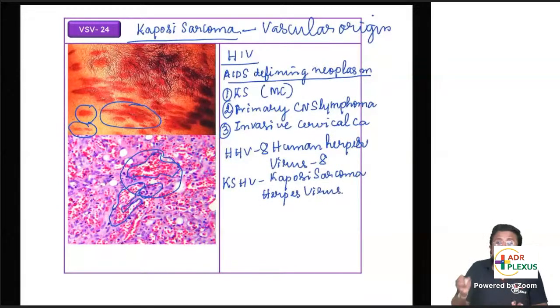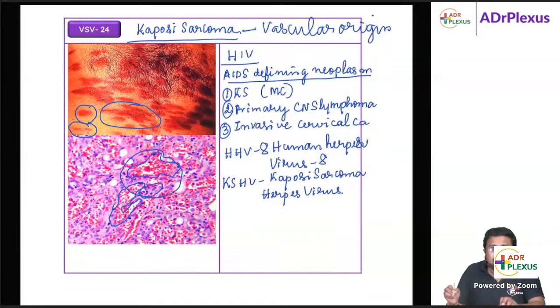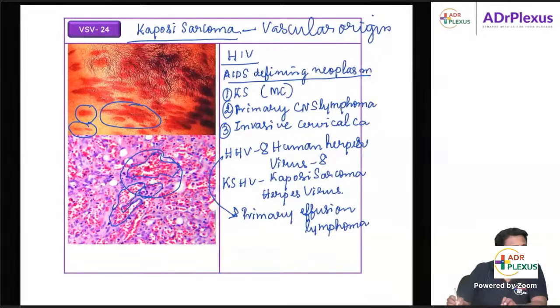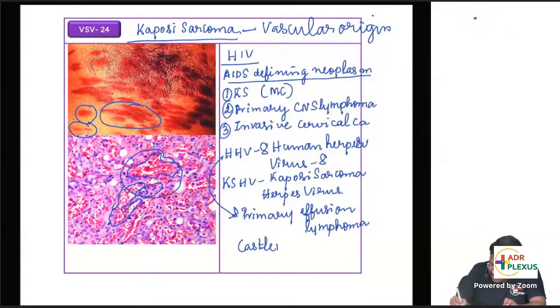What are the other diseases caused by HHV8? Primary effusion lymphoma. HHV8 can also cause primary effusion lymphoma. Any other disease you know? Yes, very good. Multicentric Castleman disease.